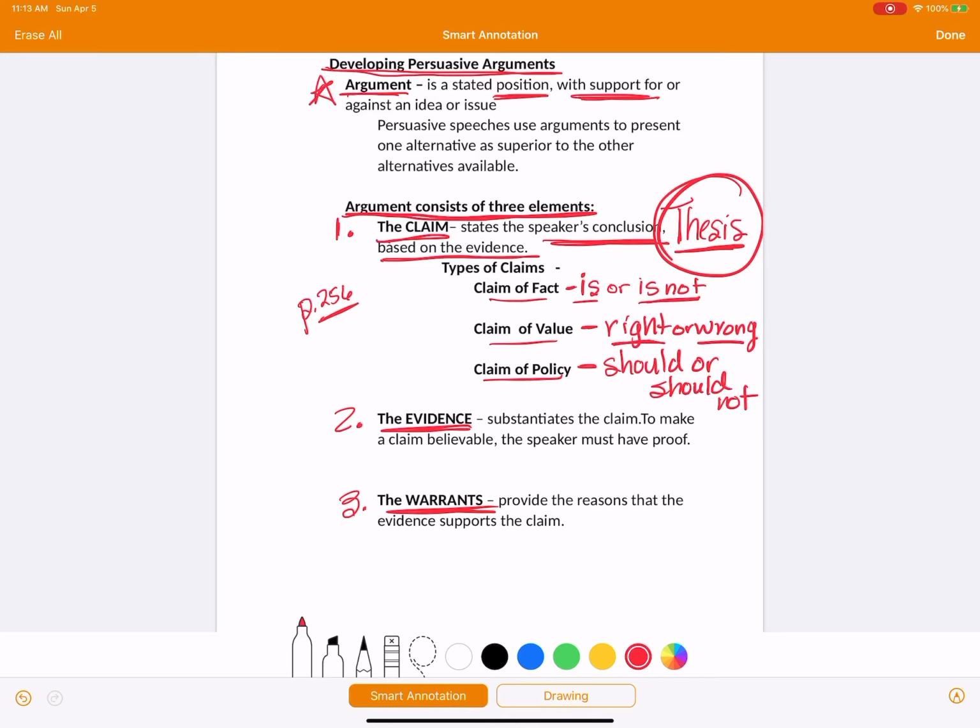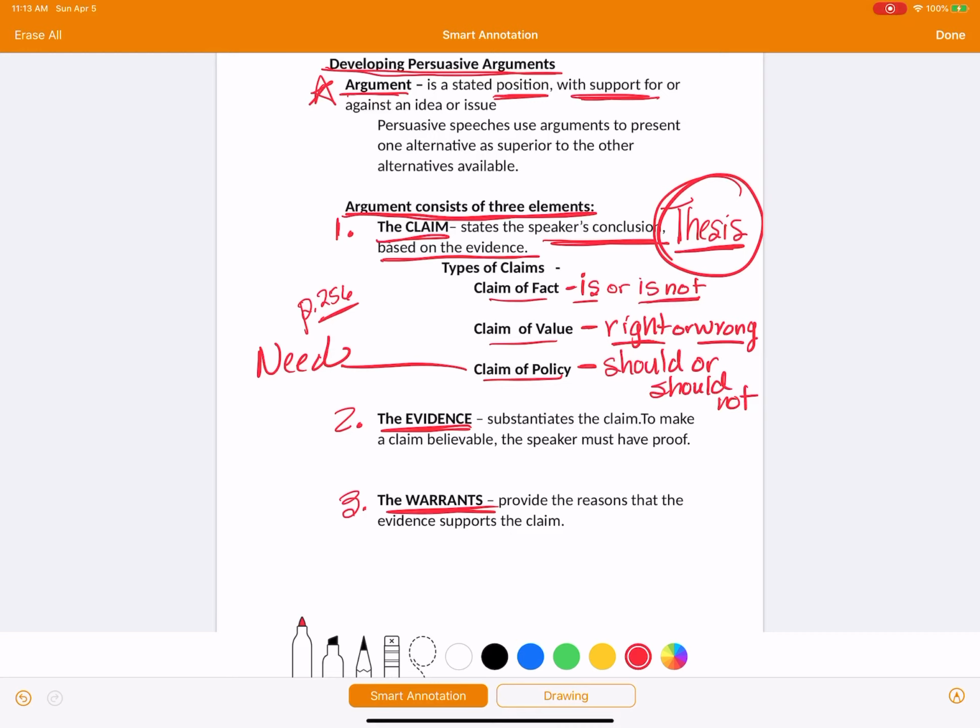Now, as a critical thinker, when you're evaluating policy claims, you are going to be assessing them on the need. Okay?